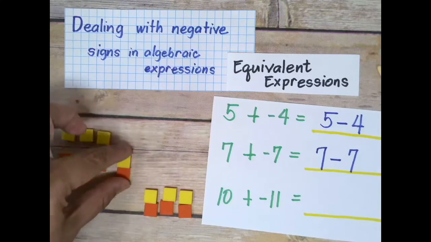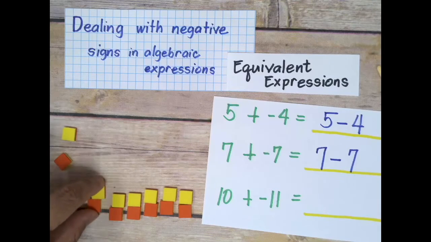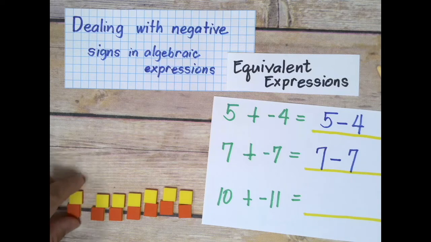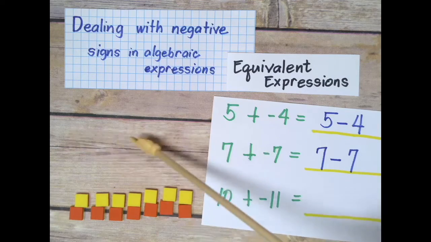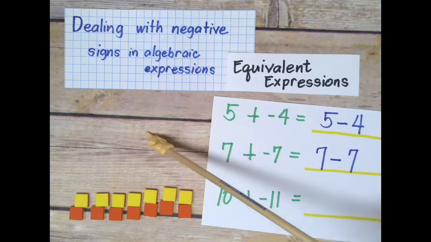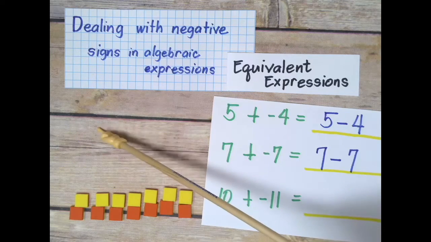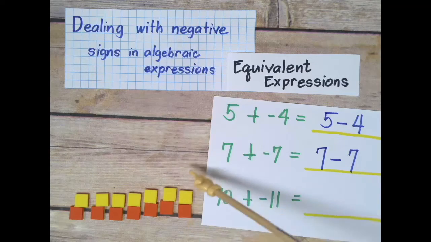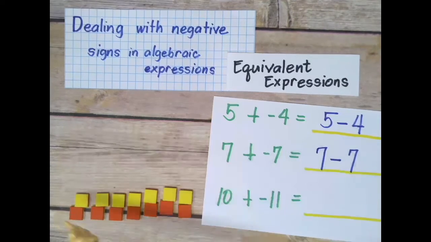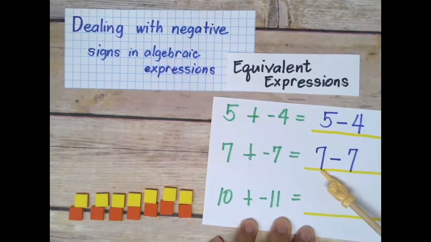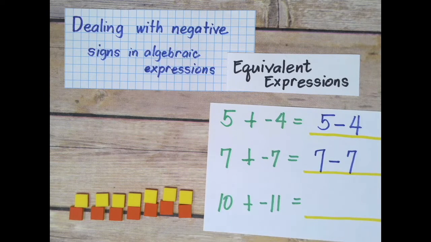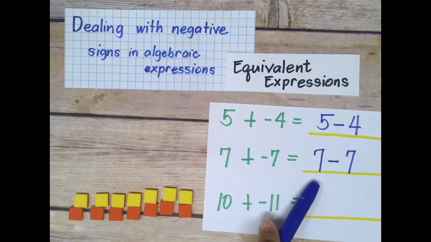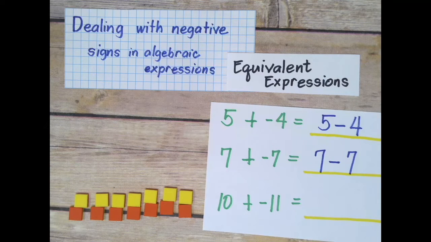As we make the zero pairs, we are actually taking away the yellow square tiles. We originally have 7 yellow tiles, but as we make the zero pairs, we took away the 7 yellow squares. So we have 7 take away 7, or 7 minus 7. So 7 plus negative 7 is 7 minus 7.